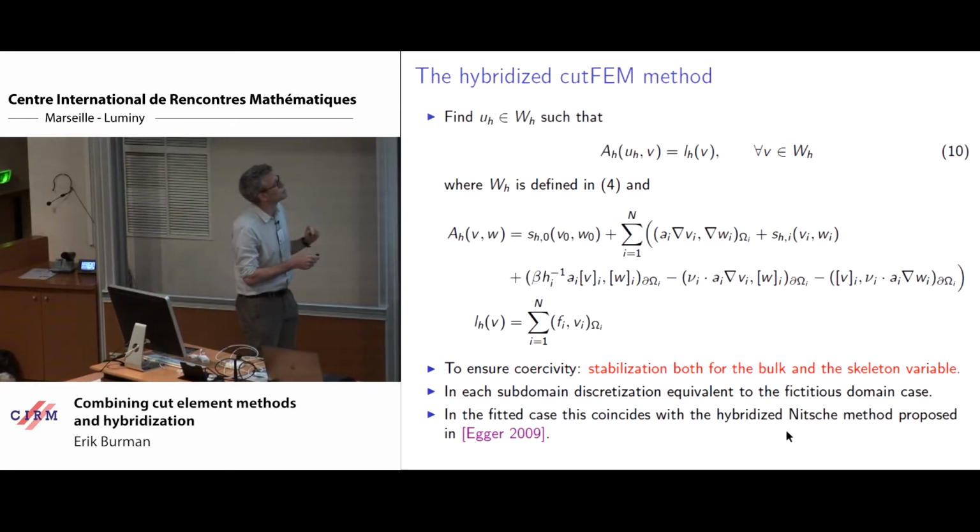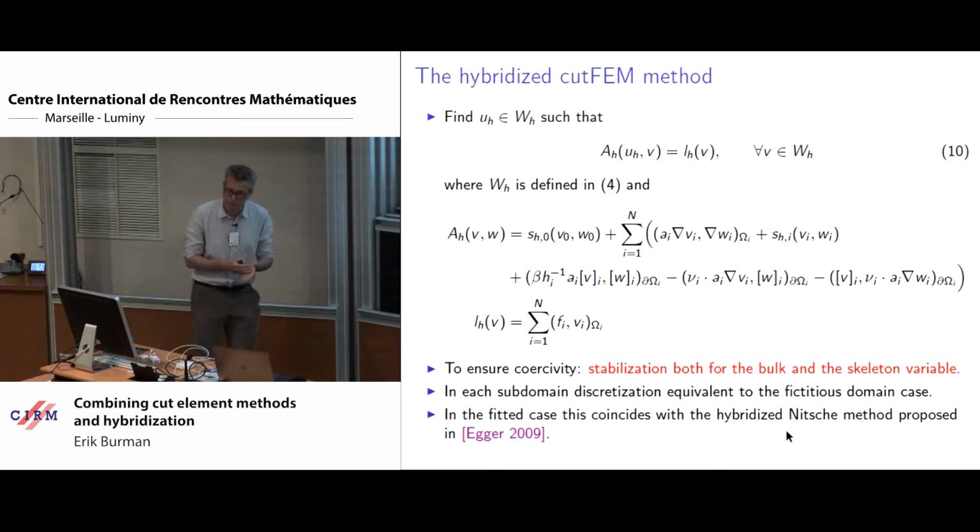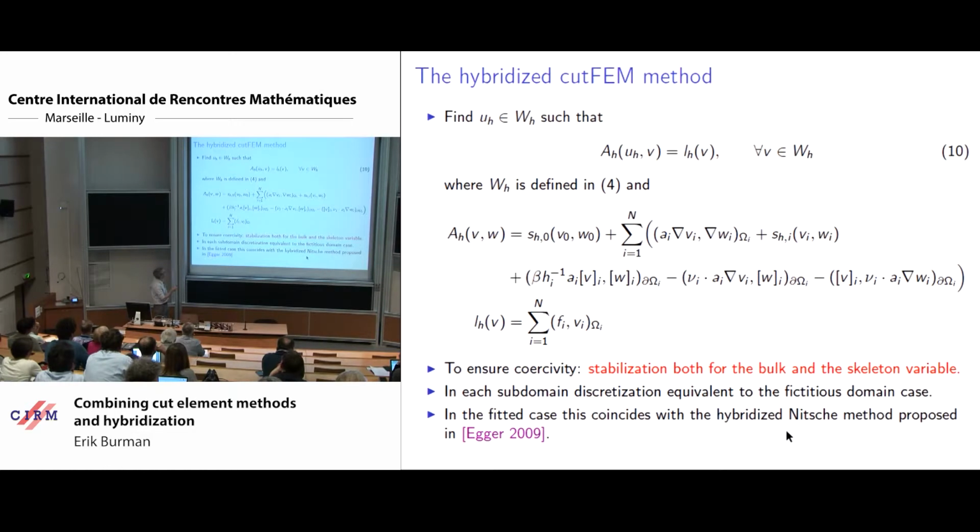Just that these jumps will connect not to data, but they will connect to the skeleton variable. And this is now an additional penalty term that will stabilize this skeletal variable. So this is a hybridized Nitsche formulation drawing from the fictitious domain method. This is a ghost penalty stabilizing the trace variable, drawing from what we know from discretizing, for instance, Laplace-Beltrami surfaces.